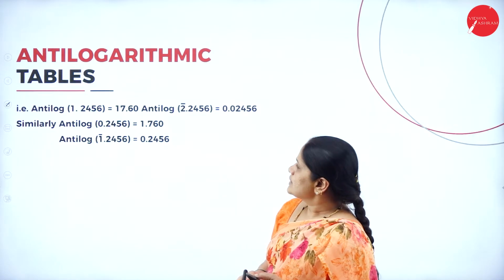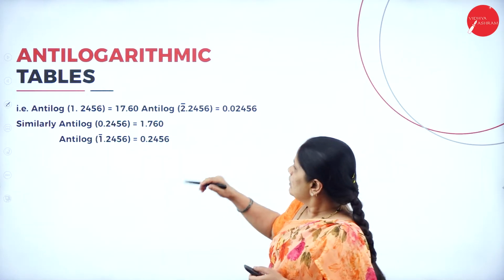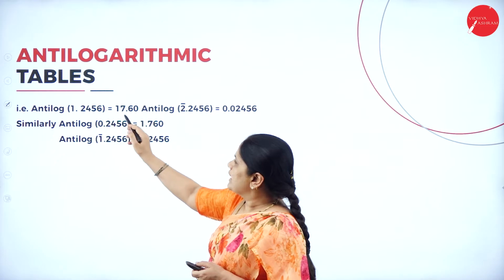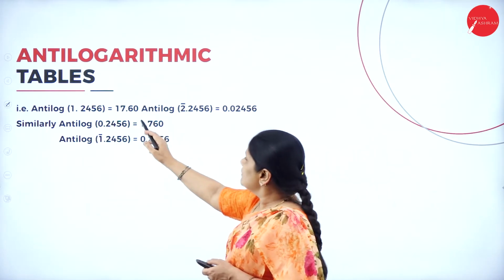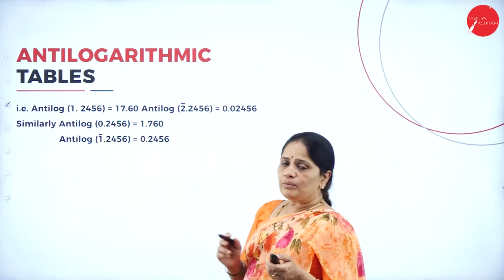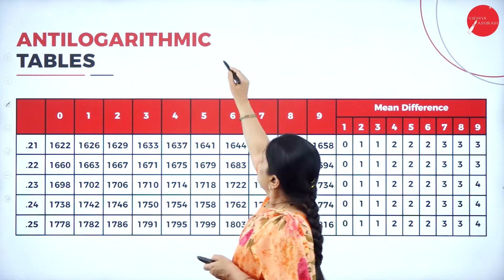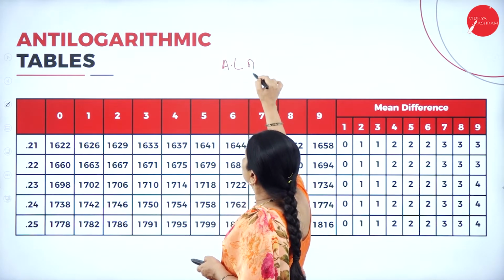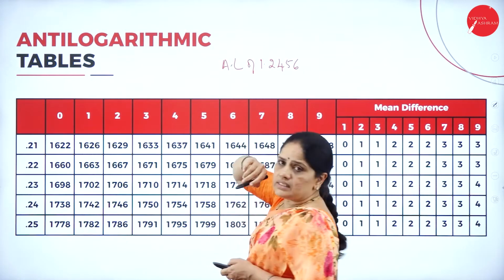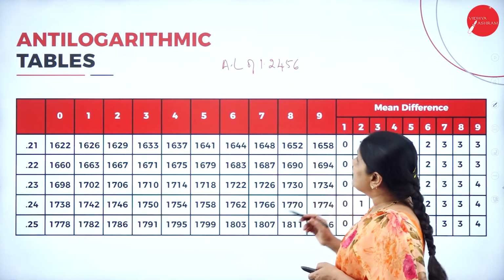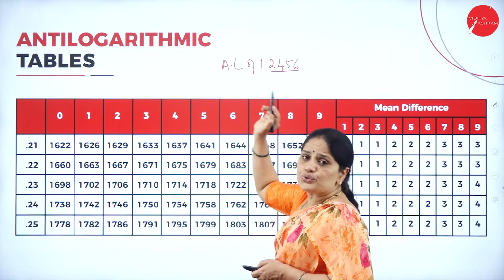Now suppose anti-log of 1.2456. Anti-log of 1.2456 is 1760. Now how do we find out the value of this? When we have to find the antilog of this, I will take the values from 0.24.